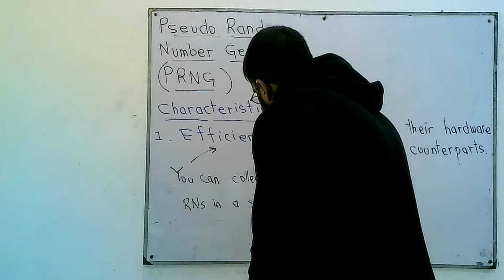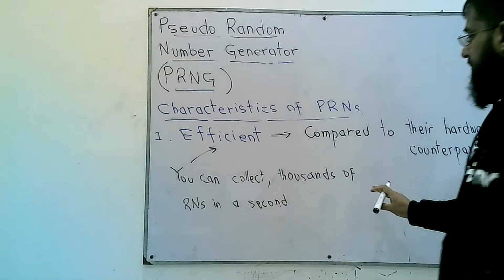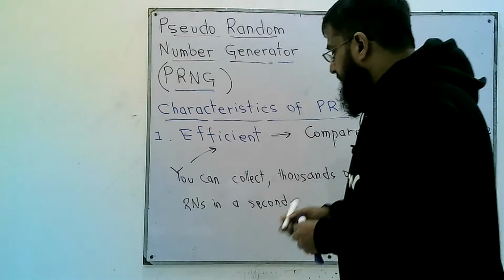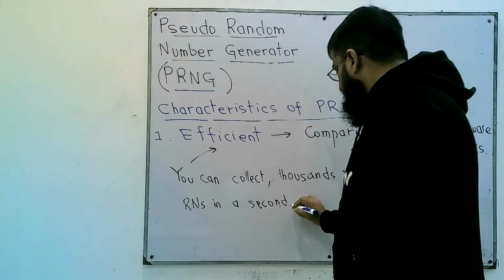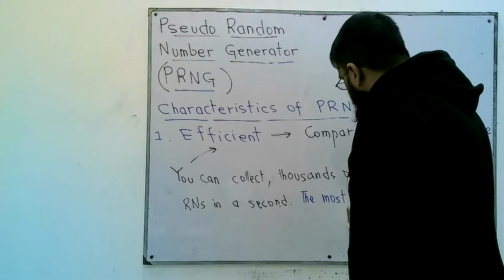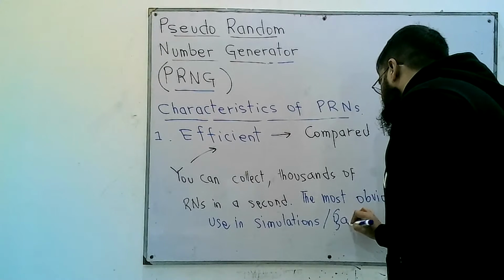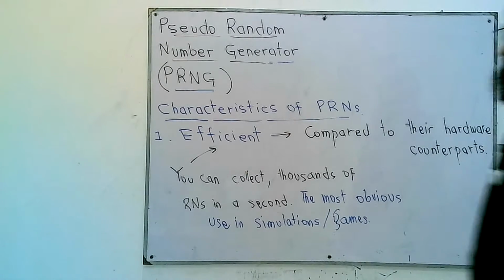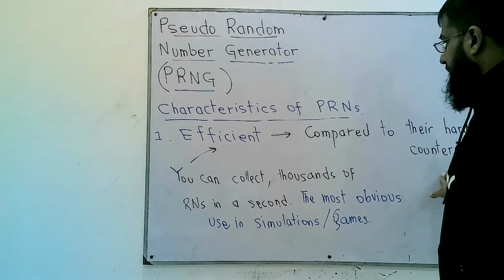And why do we need that? मतलब क्या advantage है? What's the use? The most obvious use is in computer games, where we need thousands of random numbers in a second. And of course that we cannot do using their hardware counterparts.